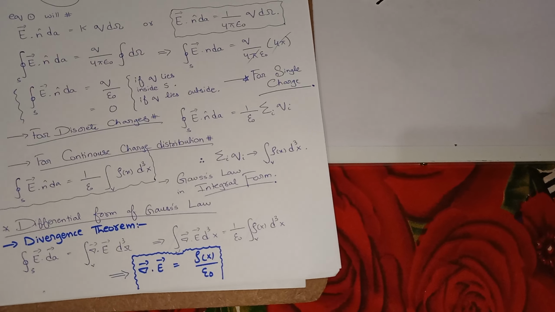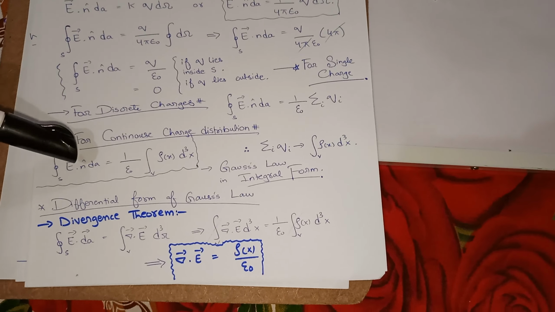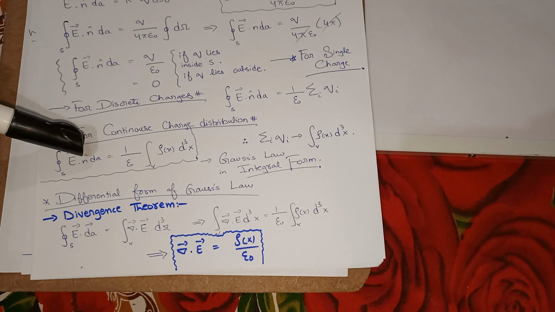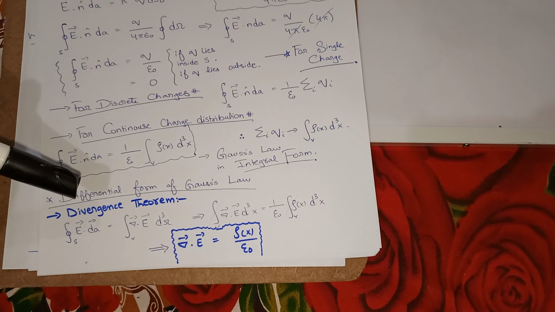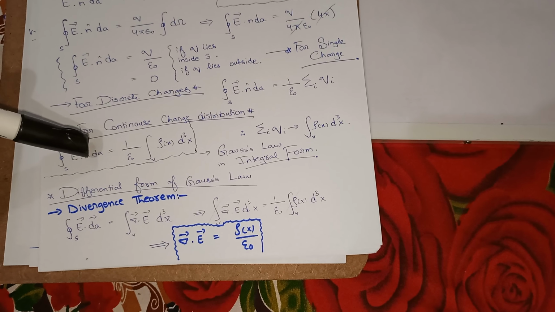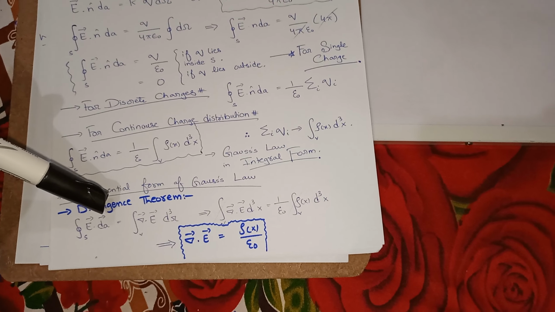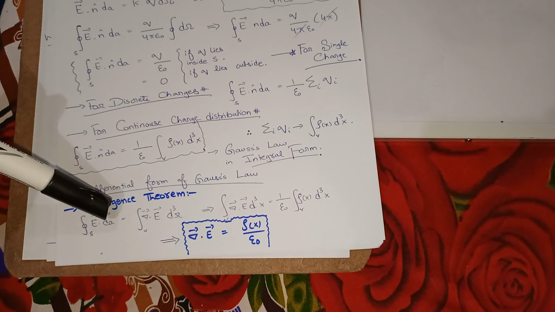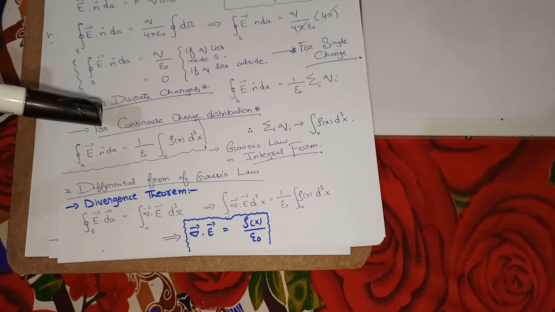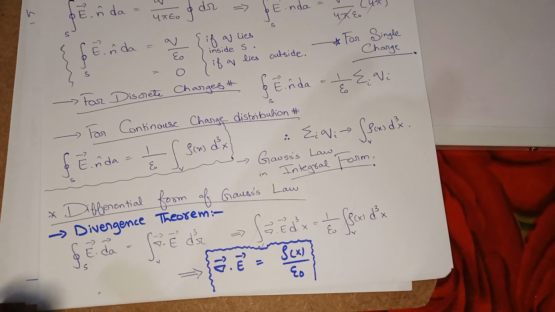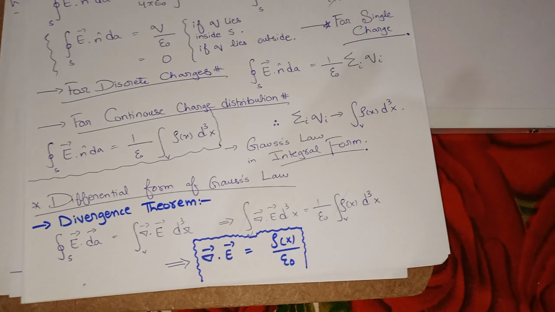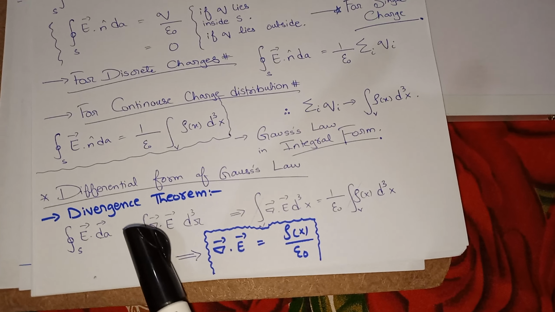Simple: when a unit vector n is multiplied by the magnitude dA, it becomes a vector, so n dA becomes the dA vector. Now the E vector and dA vector are the same, no difference. So the divergence theorem basically tells us about E dot dA, because we are dealing with divergence.